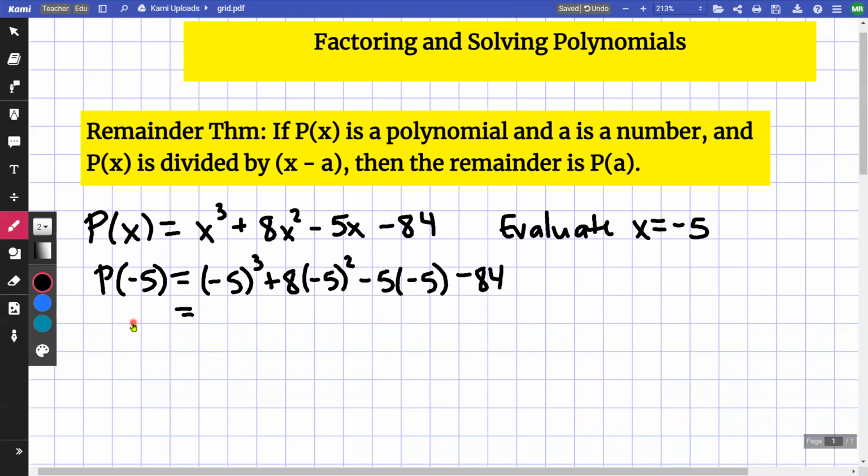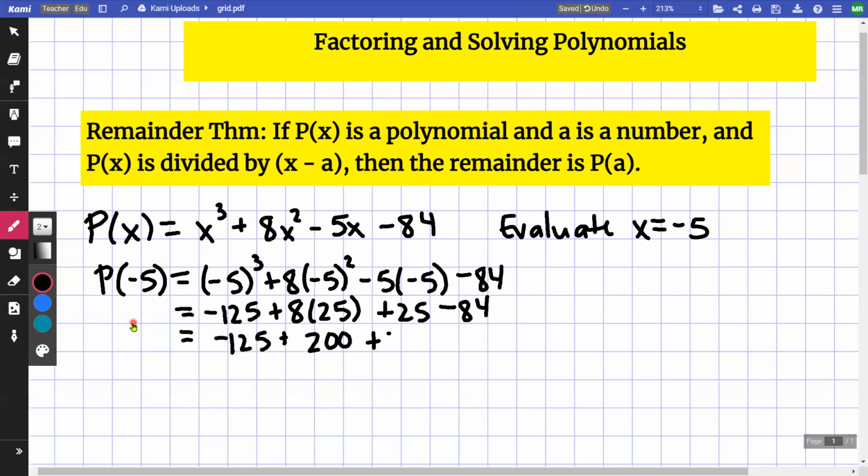So -5 cubed is going to be a -125 plus 8 times, this is going to be a 25. A -5 times a -5 is a positive 25 minus 84. So I'd have a -125. 4 times 25 would be 100. So 8 times 25 would be 200 plus 25 minus 84.